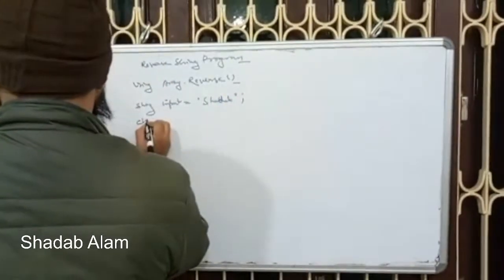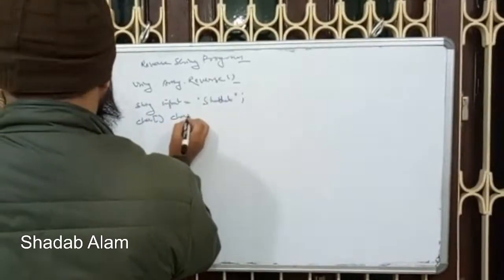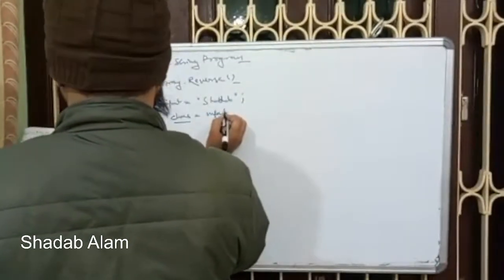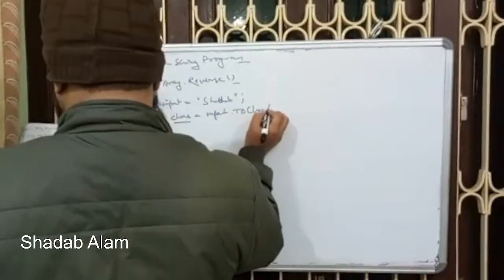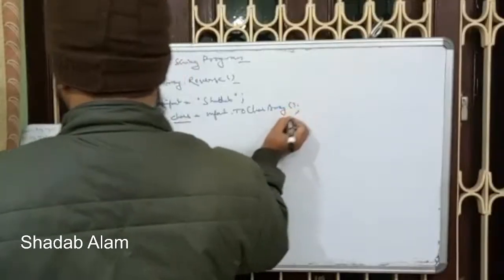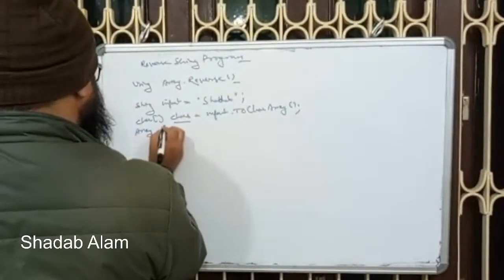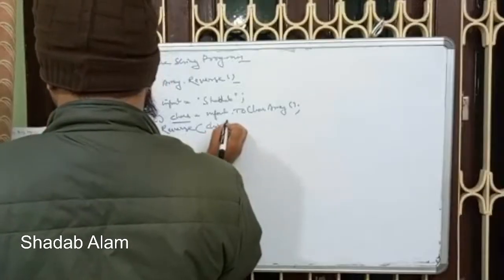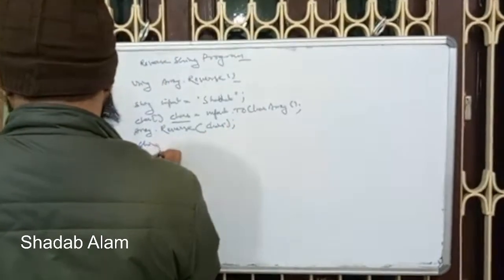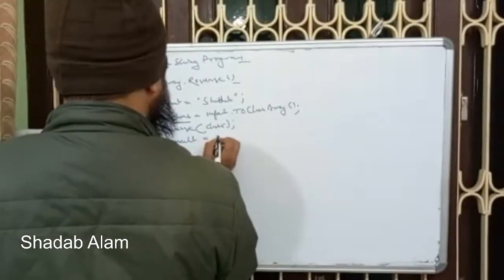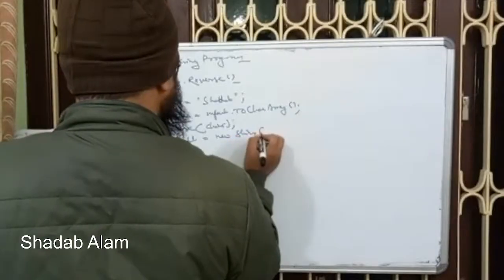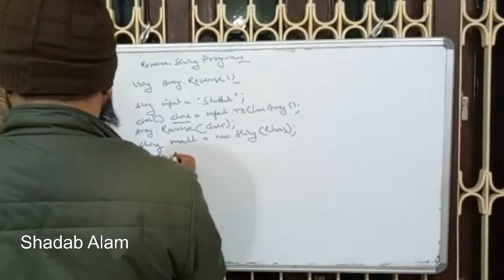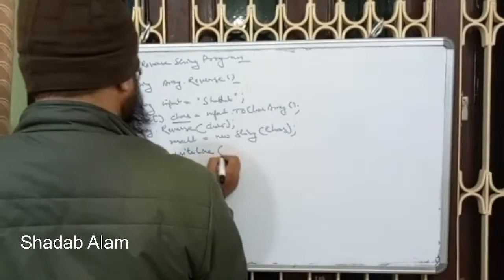Convert the input to a char array, Array.Reverse(chars), then create a new string from chars as the result. Now Console.WriteLine(result).